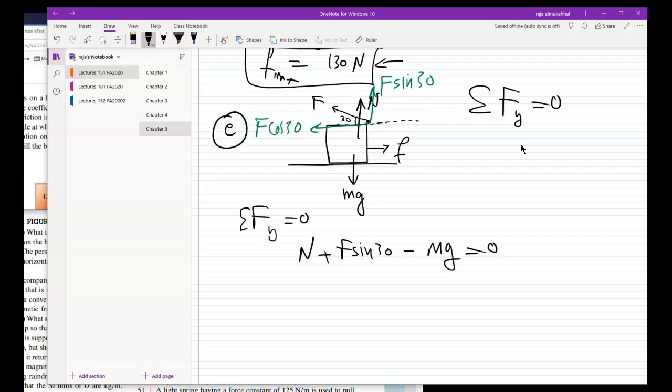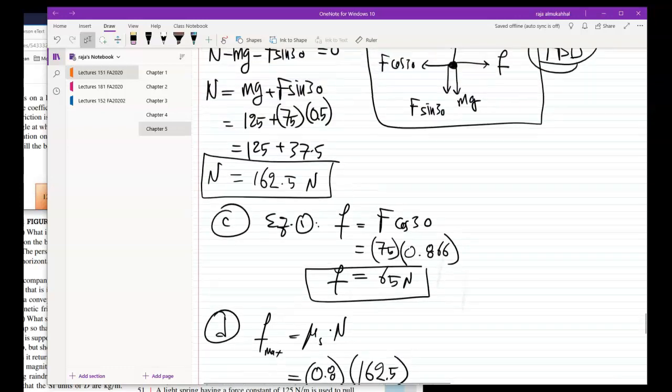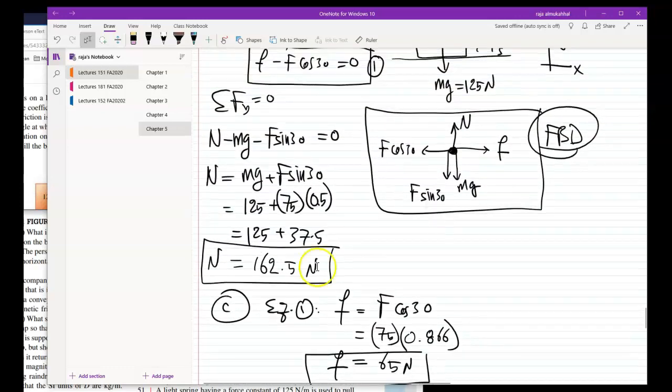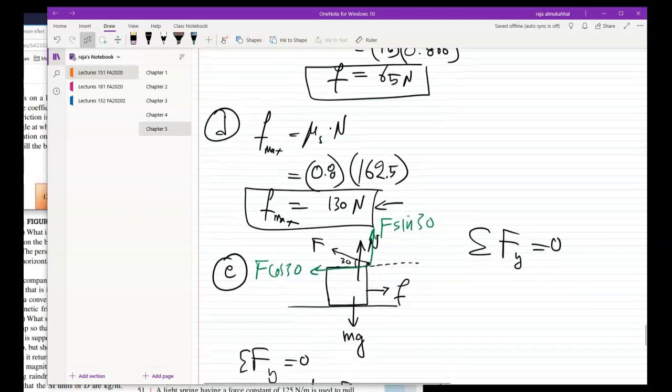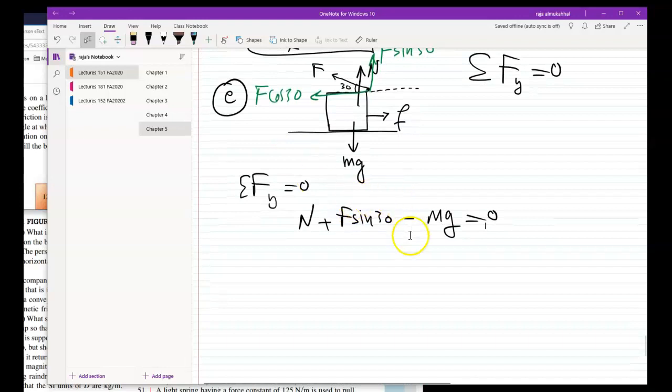Now compare this equation to the old normal when the force was below the horizontal: normal minus mg minus F sine 30. Look at this one: it is minus mg plus F sine 30. That's the only difference, that it's plus rather than a minus. Anyway, we just plug it in.